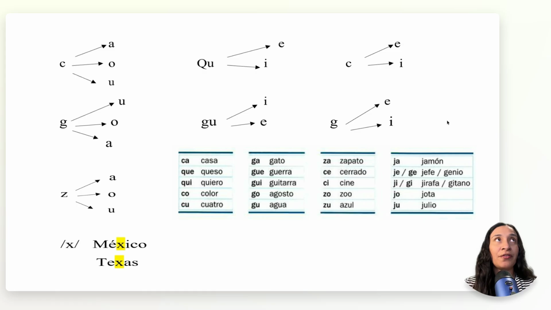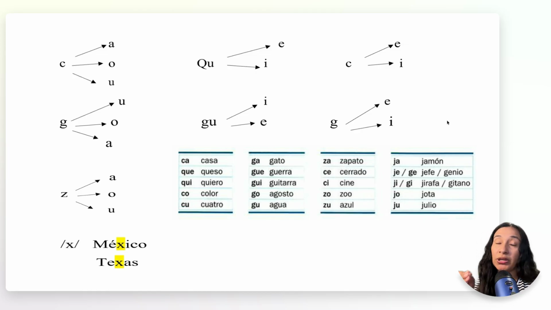So we have the consonant C, and then the C with an A, C-A, is pronounced as K. The C with the O, is pronounced as Ko. C-U, Ku. Ka, ko, ku, right? That's how we are gonna pronounce those combinations.